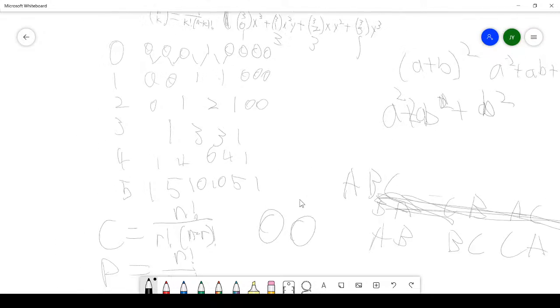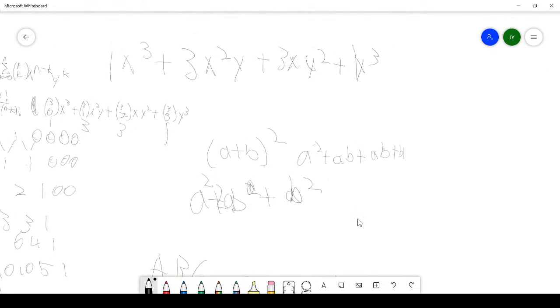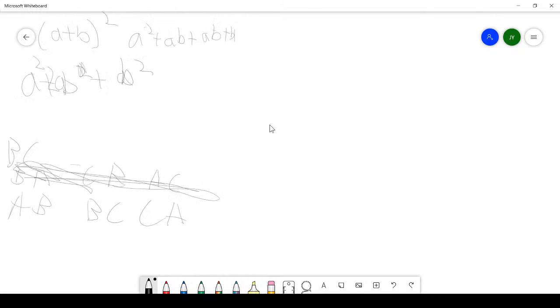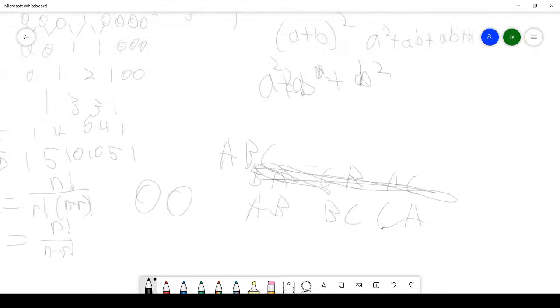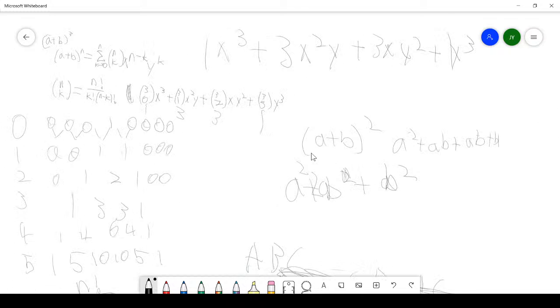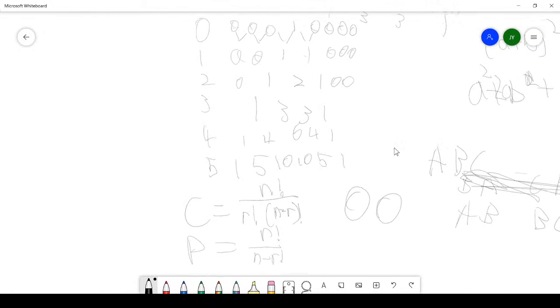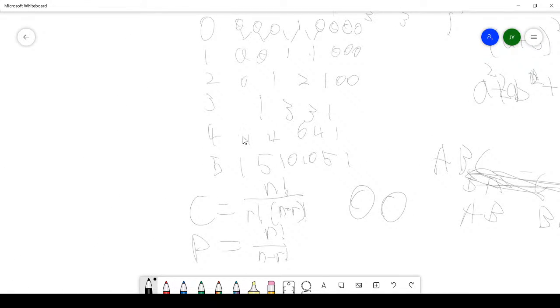Let's try an example of something bigger that should help us visualize this combinatorics thing even better. So let's bring up this whole thing again. This time, if we have Pascal's triangle already written out, it's a lot easier.